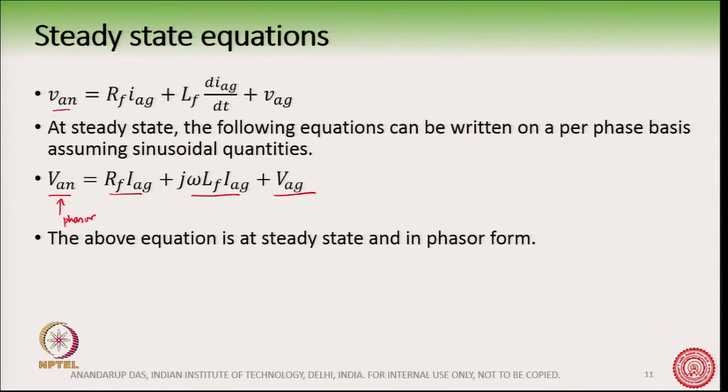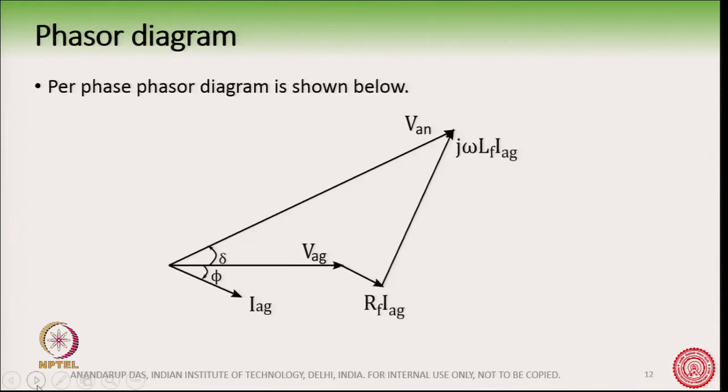This is a very well-known phasor equation to all of us. We have studied this in basic electrical engineering, and we can draw the phasor diagram very conveniently. We assume that there is a VAG voltage and a current IAG which is lagging the voltage. The grid voltage is taken as the reference and the grid current is lagging by phi angle. So, RF IAG comes here in phase with IAG, and j omega is the rotating operator.